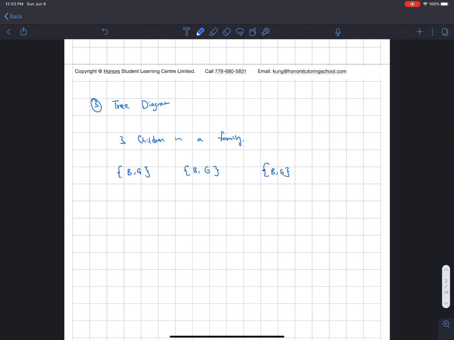So in order to list out all the possible outcomes, we can use a tree diagram. So we can have boy or girl. That's the first child. And then the second child could be boy or girl. And the third child can also be boy or girl.